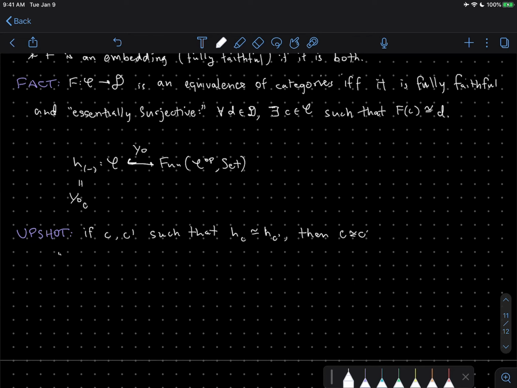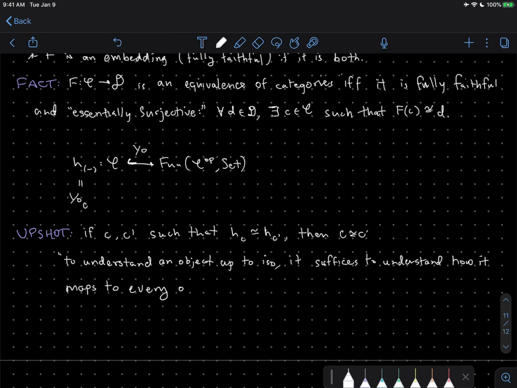The slogan there is that to understand an object up to isomorphism, it suffices to understand how it relates to every other object, how it maps to every other object.